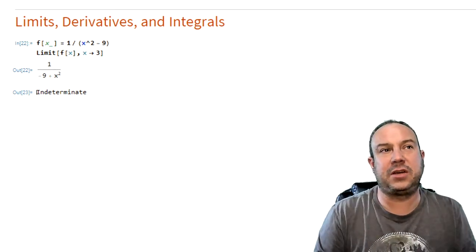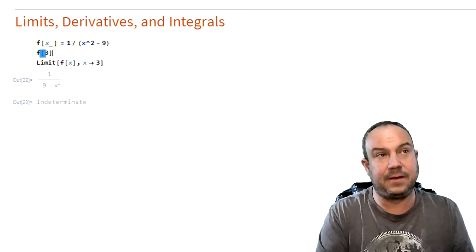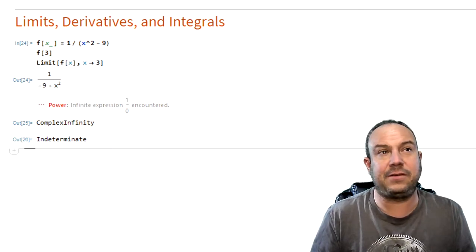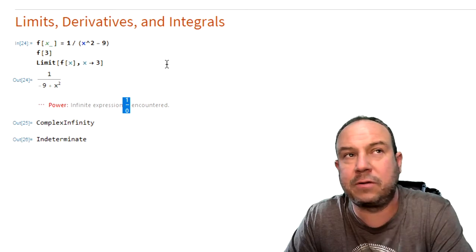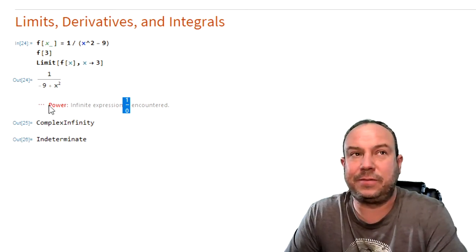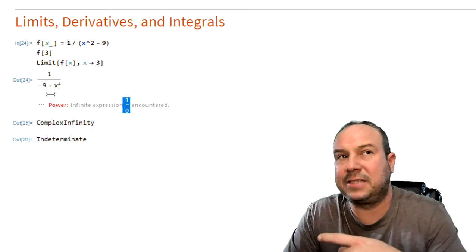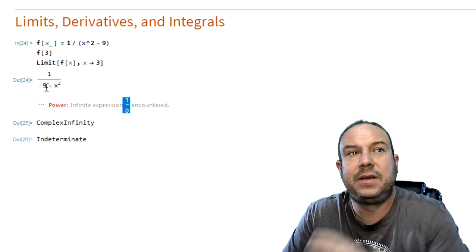If we evaluate f at 3, is it going to tell us the value? No, it says that you get a complex infinity. You get a value of 1 over 0 encountered in this calculation, which does imply a complex infinity here, folks.